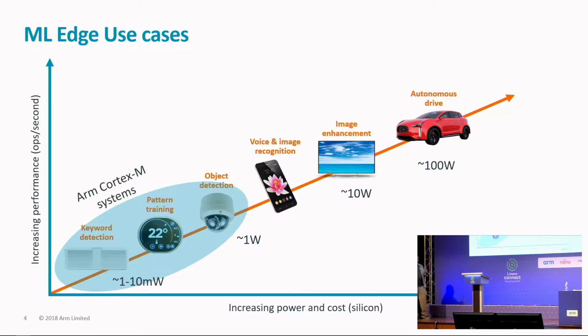And then way down to basic keyword detection, where you actually want to be able to talk to things. Today, if you buy an Alexa device or a Google Home, you're looking at a fairly heavyweight processor.